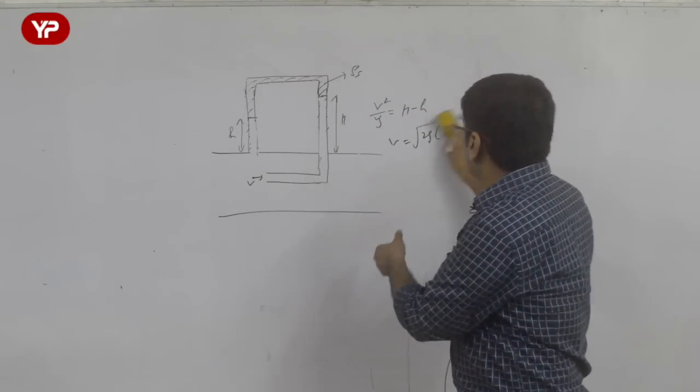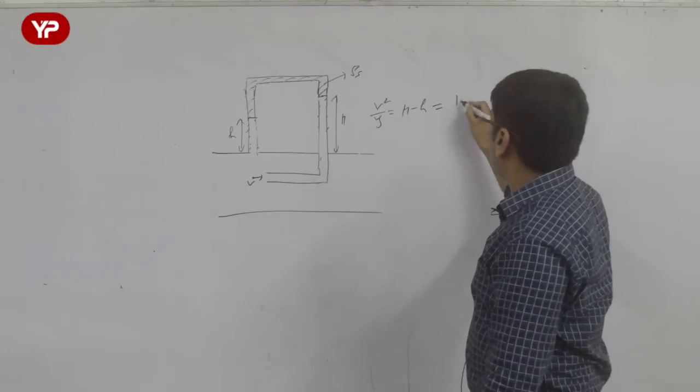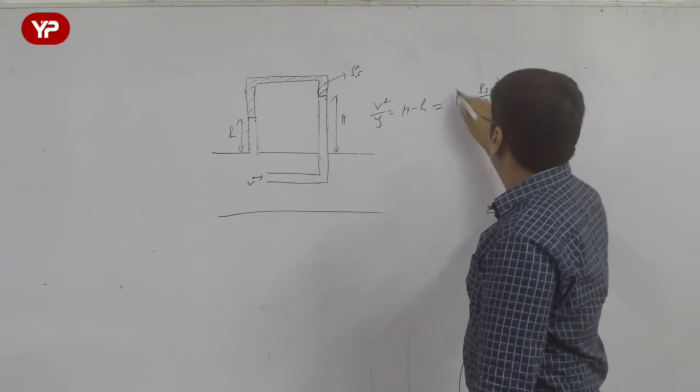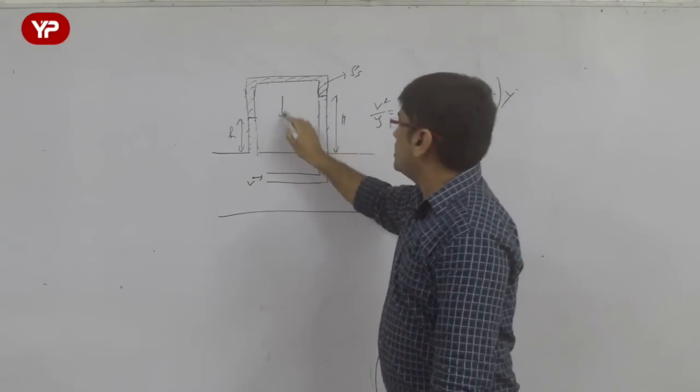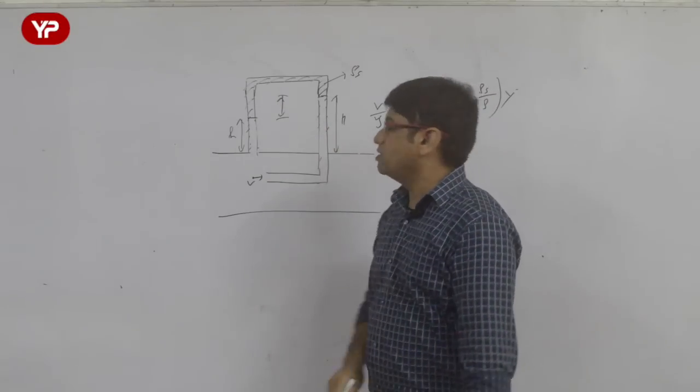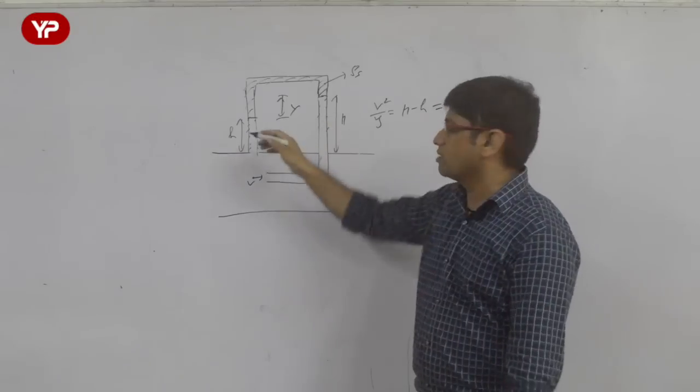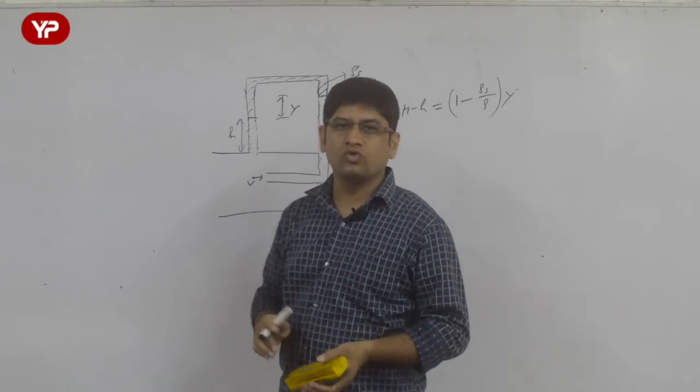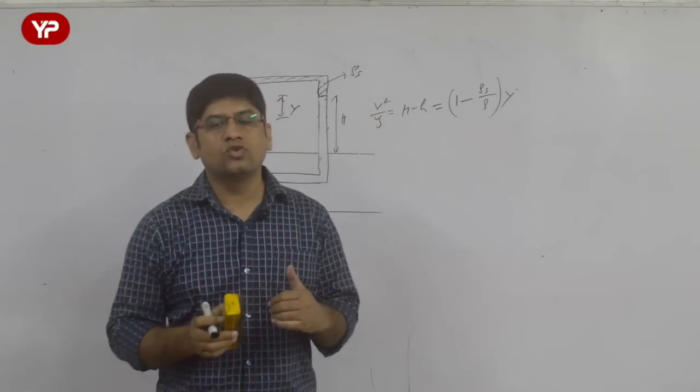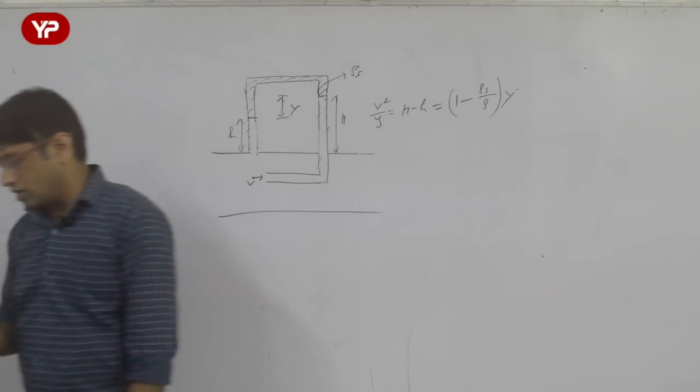But now this H minus small h will be calculated in the form of 1 minus rho s over rho, into Y, where Y is the difference which is basically this difference, again this is H minus small h. This is how we are going to use the pitot tube for inverted U-tube and U-tube manometer. Please note it down.